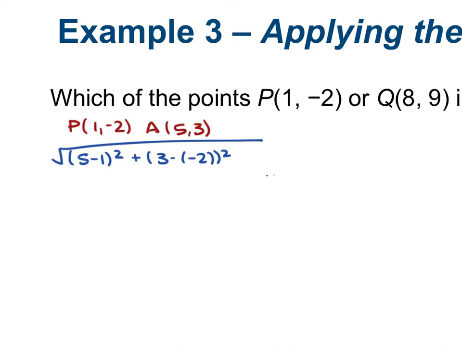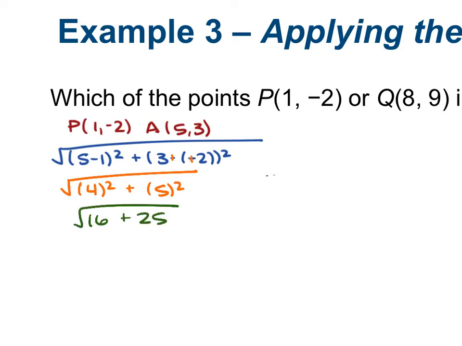So this is going to turn into the square root of 4 squared plus 5 squared. The 4 squared is 16, the 5 squared is 25. So we just add these. The 16 plus 25 gives us 41, so it's the square root of 41. And we just leave it in radical form.